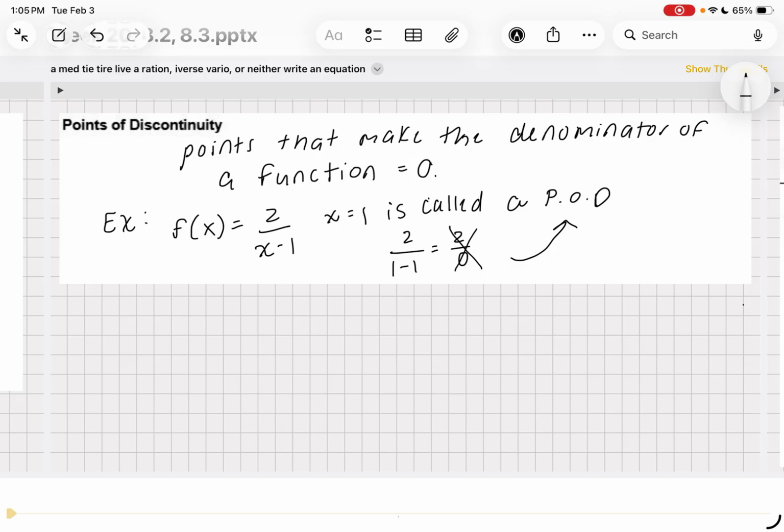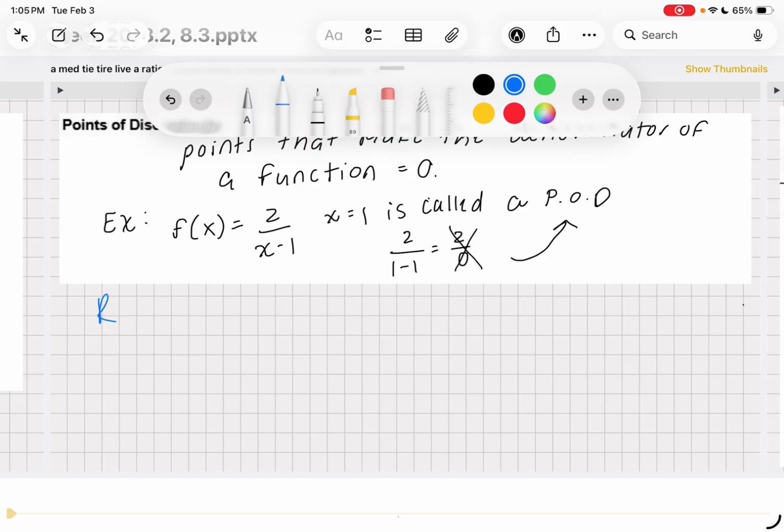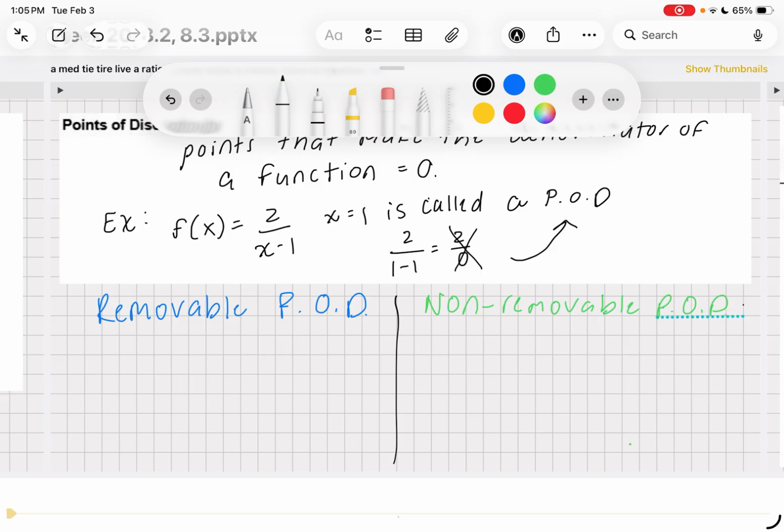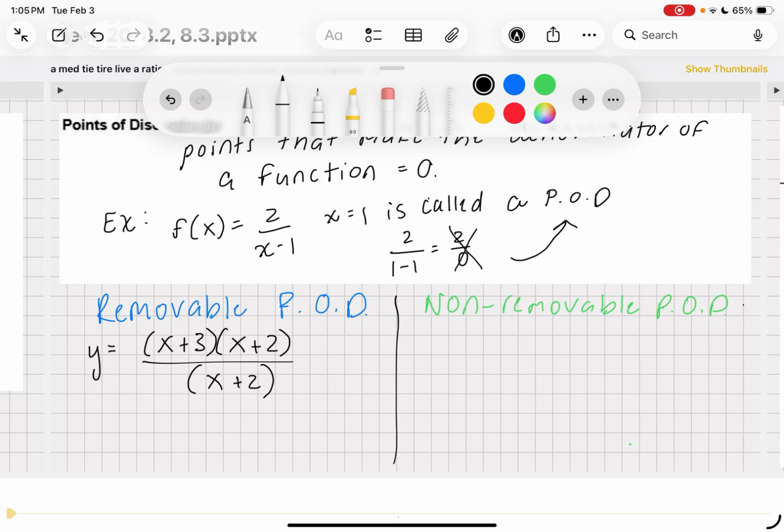There are 2 types of these: a removable POD, point of discontinuity, and a non-removable POD. Let me give you two examples. A removable point of discontinuity is when you have a rational function that has the same pair of linear factors in the numerator and the denominator.